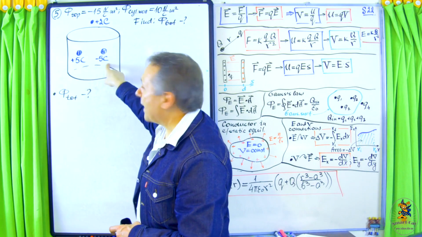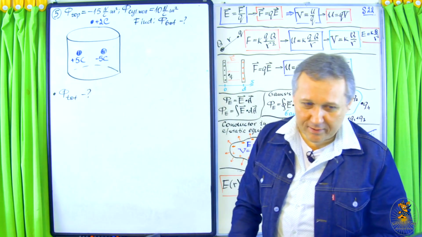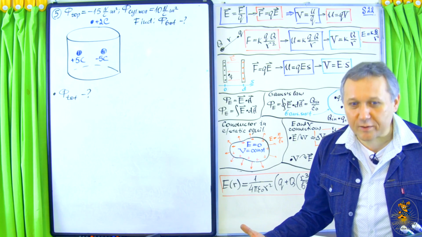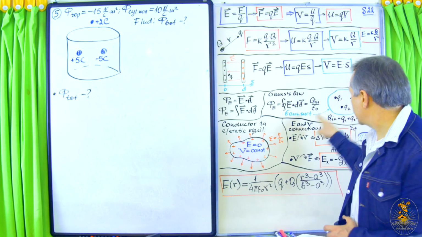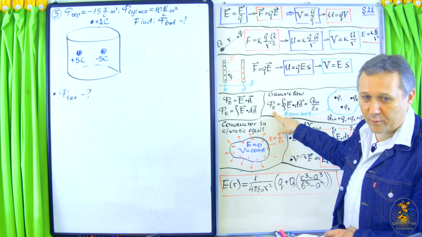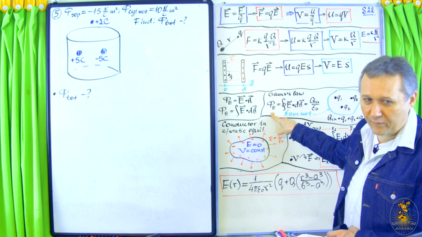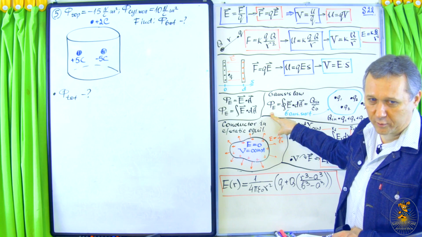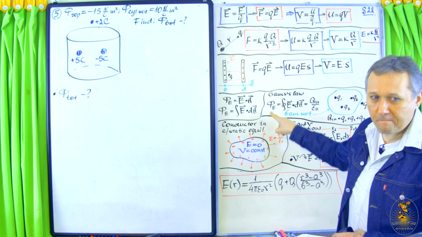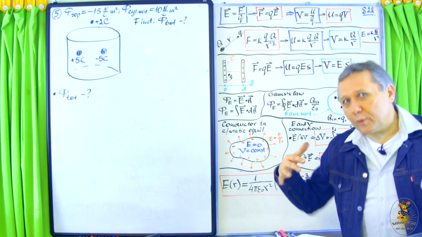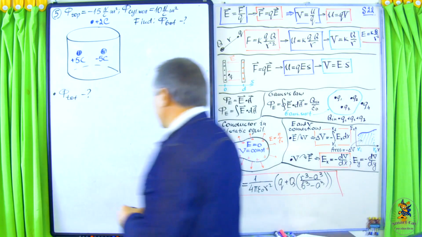Plus Q minus Q, so Q enclosed is 0. It means that the total flux through our cylinder is 0. We know the value of the total flux using Gauss's law immediately. You see that? That's the beginning and probably the most crucial step.